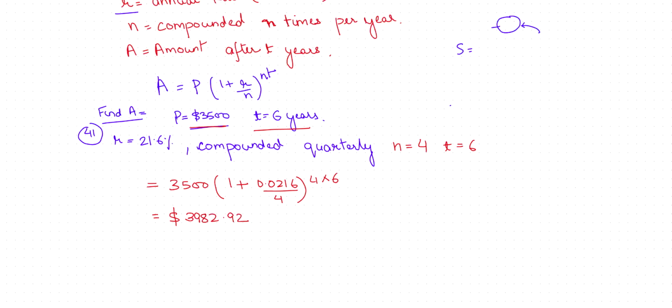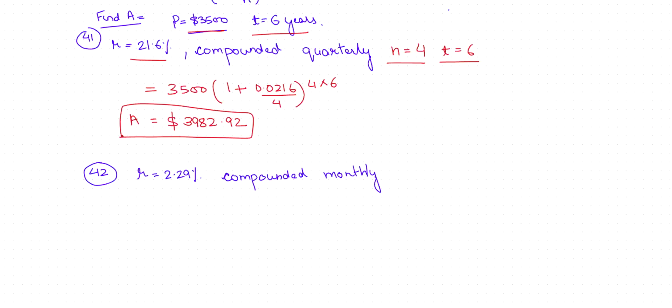So when the interest rate is 2.16%, compounded quarterly, meaning 4 times a year, and time is 6 years, the total amount we get, when we deposited $3,500, after 6 years is 3,982. Okay, let's do one more problem.